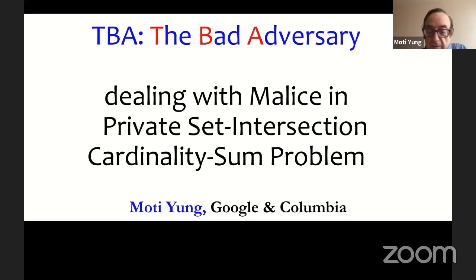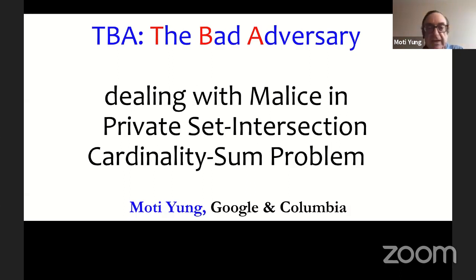I will talk about the problem and the motivation, which will be based on the honest but curious solution. And then I will talk about how to deal with a malicious adversary when you really care about efficiency. This will give us a design methodology and a general way to talk about protocols.